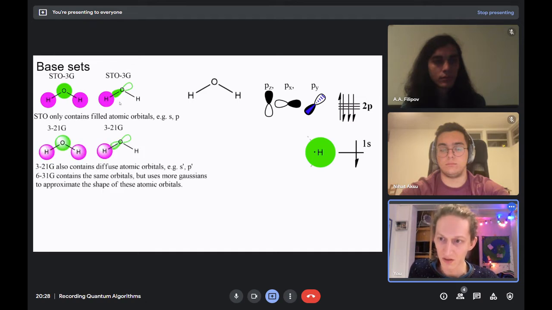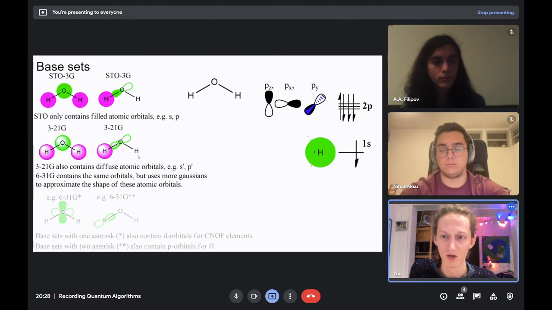If we go to a slightly higher basis set, then we can also include diffuse atomic orbitals. So the same orbitals, but then with different parameters for diffusion and everything. So we can have that the probability of encountering an electron drops off more slowly if we move away from the molecule.